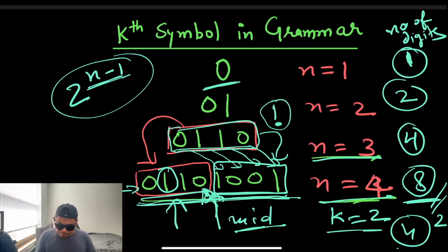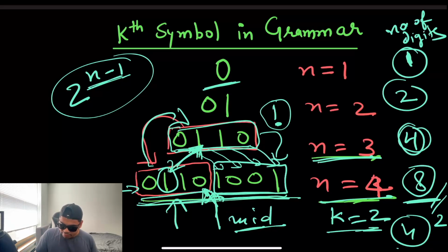Then I can simply call my answer onto the subproblem, because this will be the same as k equals 2 in my previous n minus 1. All right, so this is where I will reach. And I will try to call the same on n equals 3.